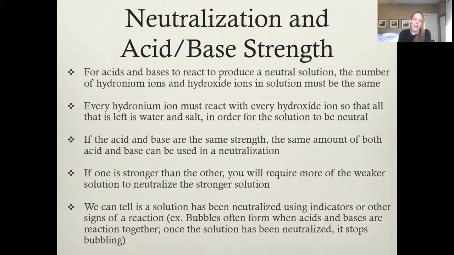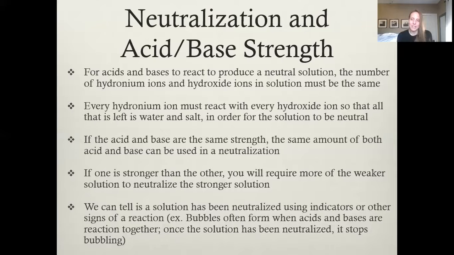In order for acids and bases to react in a neutralization reaction like this, the number of hydronium ions and the number of hydroxide ions must be the same in order for them to actually make a neutral substance. So every single hydronium ion must bind to a hydroxide ion so that all you have left is water and salt.